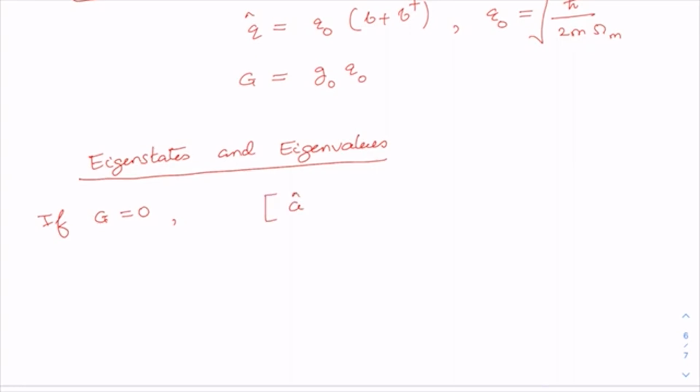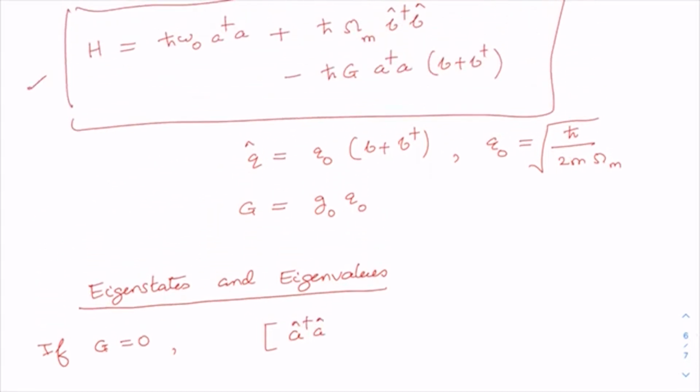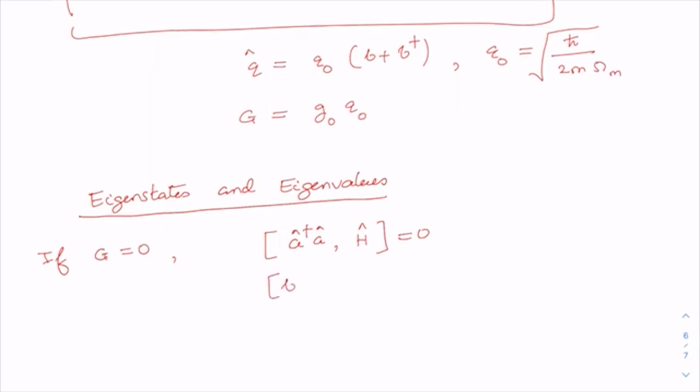It's very straightforward: the commutation relation between a†a and H would be equal to 0, and similarly B†B's commutation with the Hamiltonian would be 0, and that's why we say that the phonon number as well as the photon number is a constant of motion.